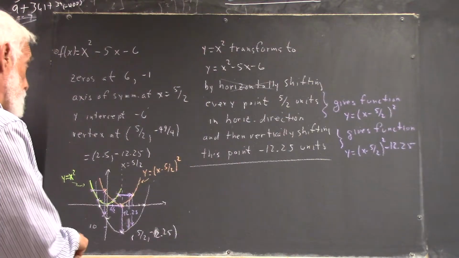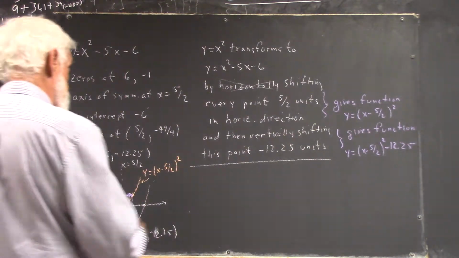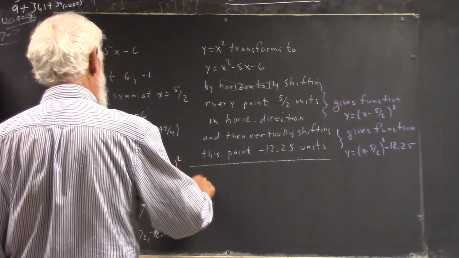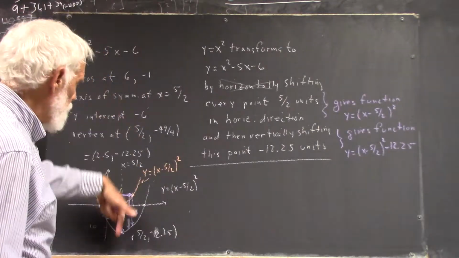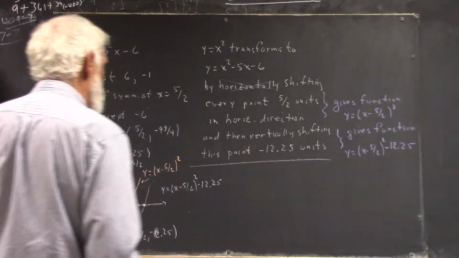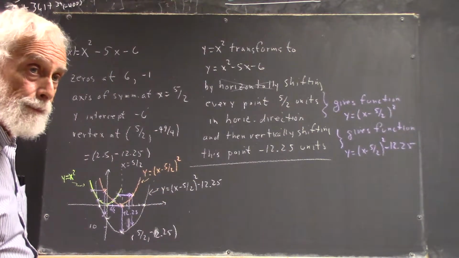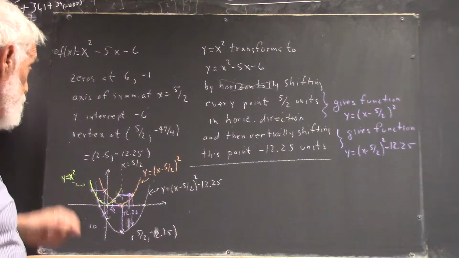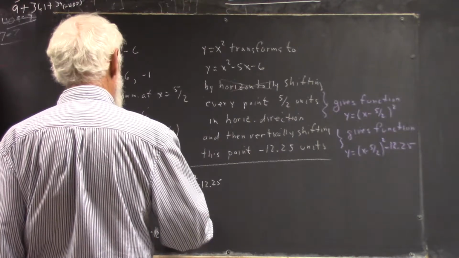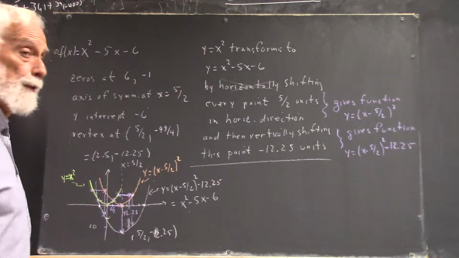And this function here, the one on this graph, has to be x minus 5/2 squared, but we've lowered everything 12.25 units in the y direction, so it's going to be minus 12.25. And this should be x squared minus 5x minus 6.